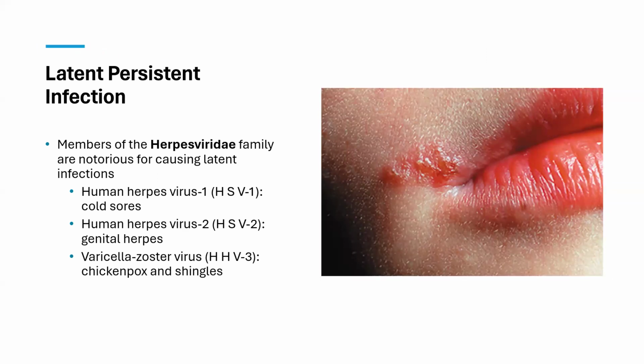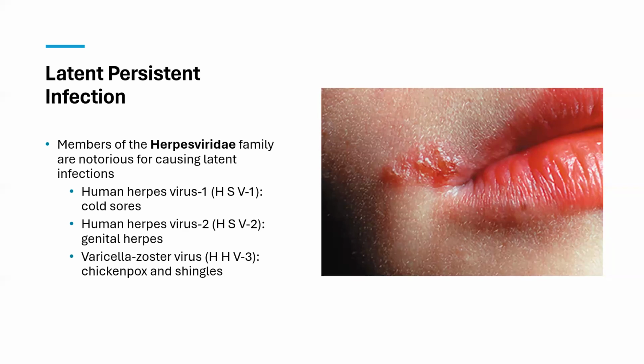This would include things like HSV1, 2, and 3. HSV1 is your cold sores. HSV2 is going to be like genital herpes. And then 3 is going to be your chickenpox and shingles. Now that we have a vaccine for shingles, or for chickenpox, some of you may have never actually experienced this.